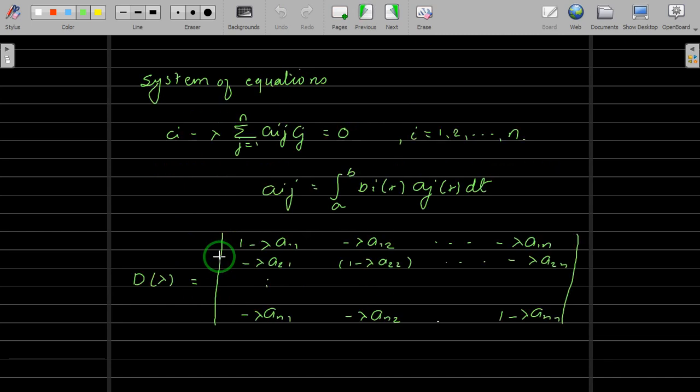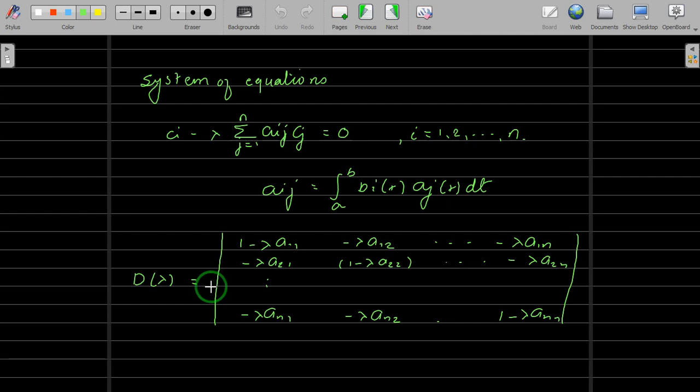Hence, to find the non-trivial solution, we find those values of lambda for which D(lambda) equals 0, a polynomial of degree at most n. Those values of lambda are called eigenvalues, and the corresponding functions are called eigenfunctions. That's what we have seen in the last meet.